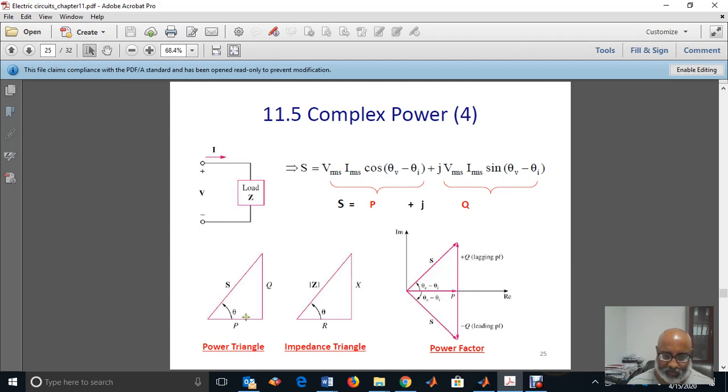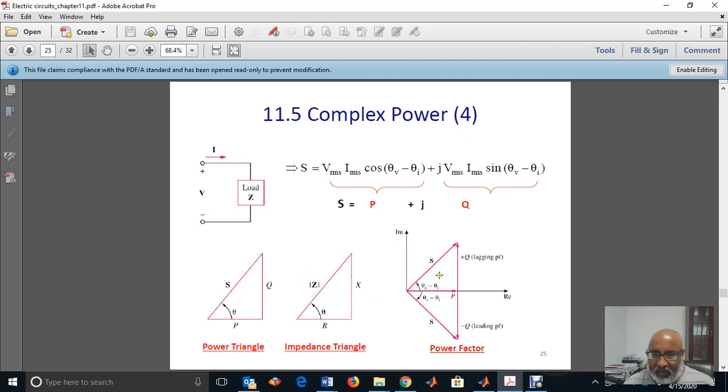So theta is tan inverse of Q over P. And the impedance also, in terms of the power factor here: R the resistor on the x-axis, X the reactance on the y-axis, and the hypotenuse gives me the magnitude of the impedance Z.